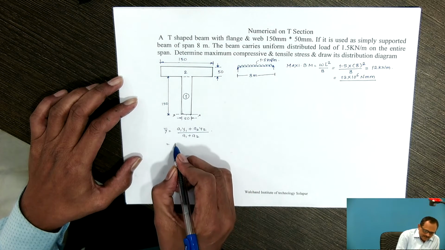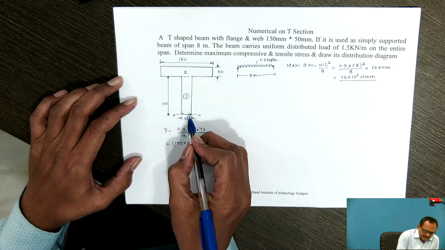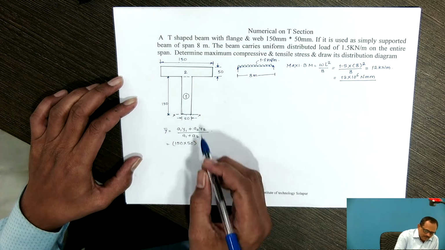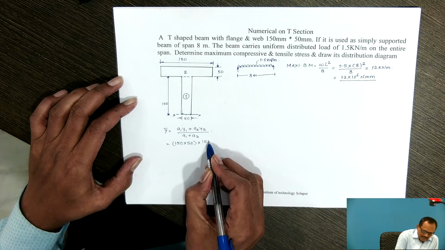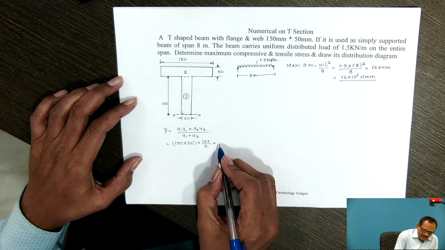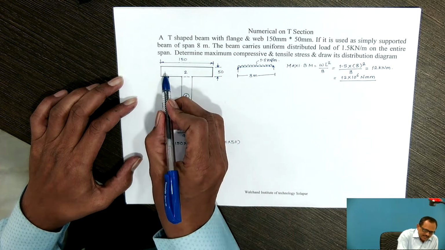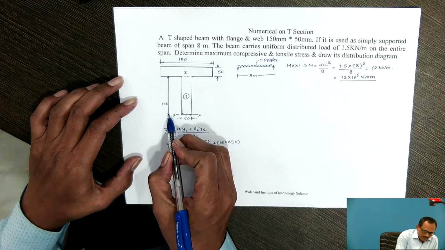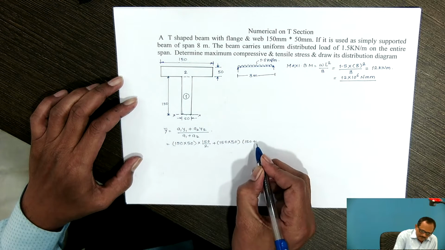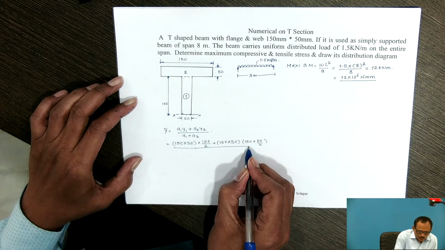So, A1 is the area of this web. As it is a rectangular strip, the area will be 150 by 50 and y1 is the distance of the CG from this reference XX. The depth of the web is 150, so its CG will lie at half of 150 from the bottom edge, plus area of flange, that is 150 by 50, and its CG from the bottom edge will be at a distance 150 plus 50 by 2, divided by area A1 plus A2.